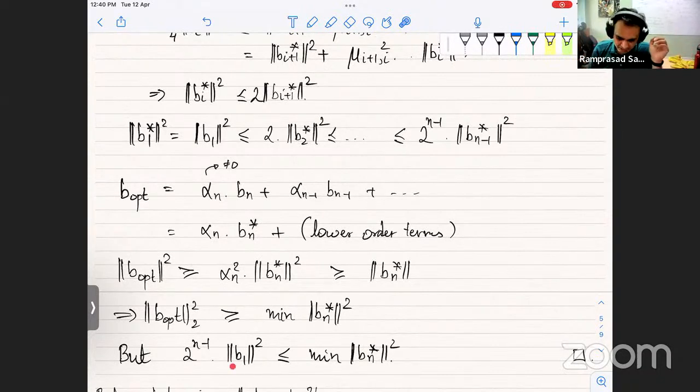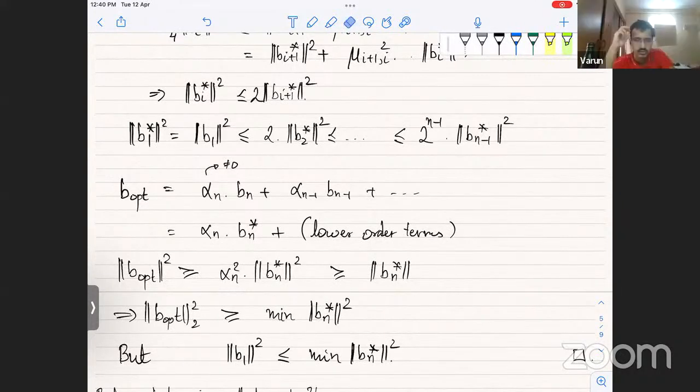So this basically tells you that had I returned b1, I'm certainly within a factor of 2 power n minus 1 of whatever the optimal object was. Because I'm returning something that is guaranteed to be no larger than 2 power n times the optimal. Oh, sorry, did I mess this up?